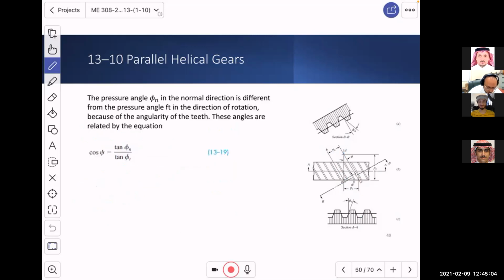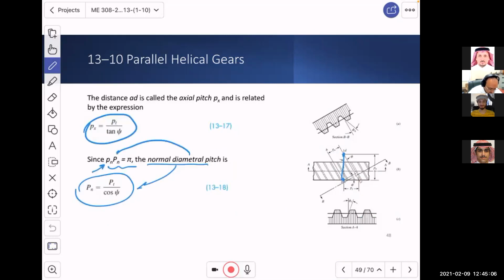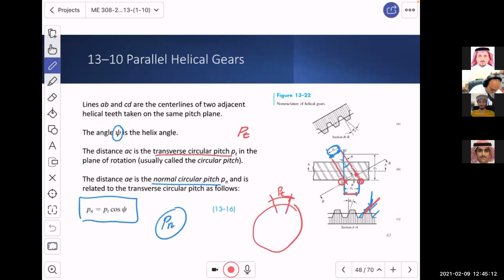Doctor, what is the difference between the small PN and the big PN? This one is the normal circular pitch, right?